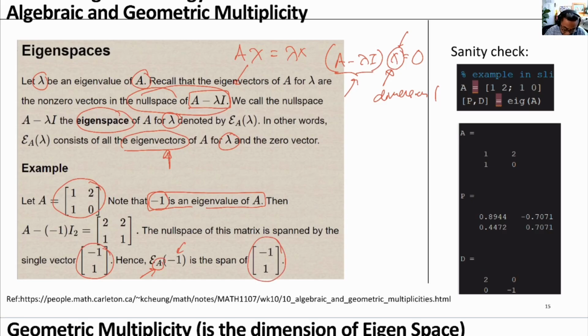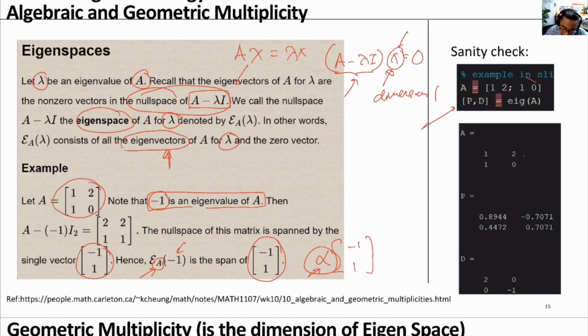That means any scalar multiple of (-1, 1) is still an eigenvector. We have seen that before. The eigenvector is along this direction, and it can be scaled by any constant. If we want to flip the direction, we multiply alpha by a negative value.